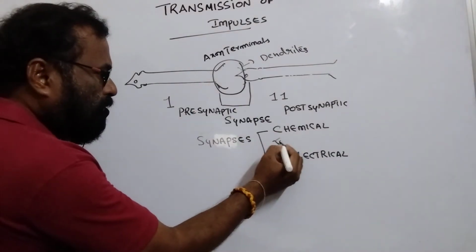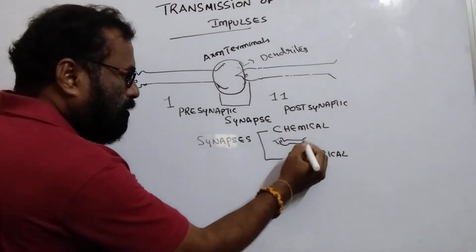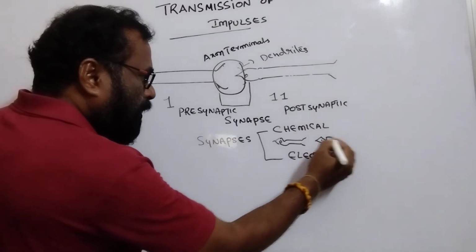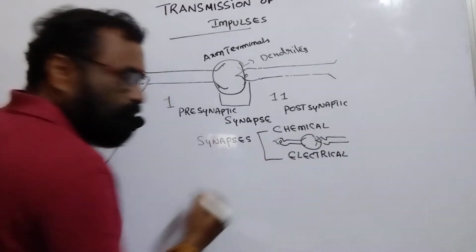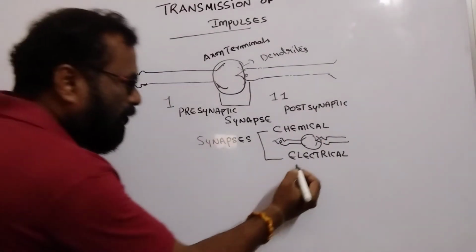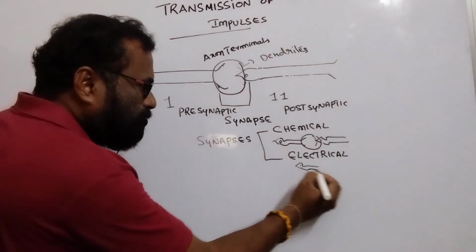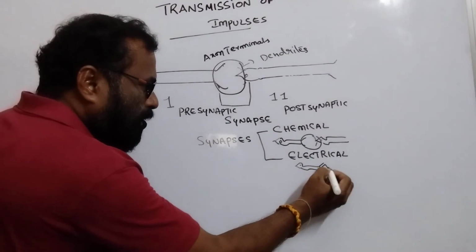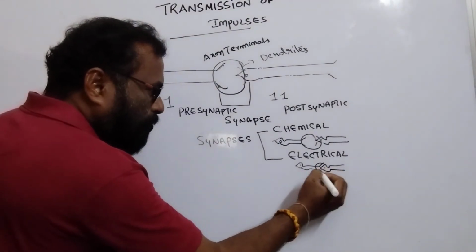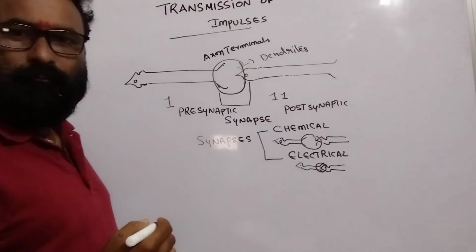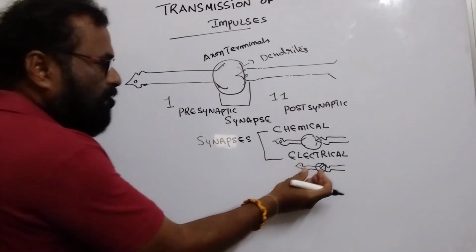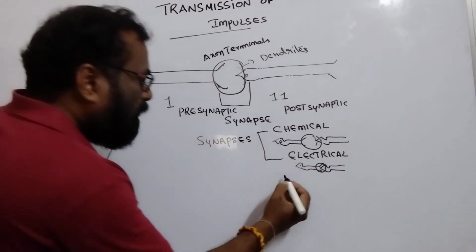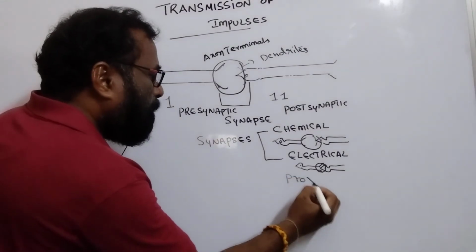This is one neuron and this is the other neuron. This is the gap, the proximity. The proximity between the two neurons is very close in an electrical synapse.